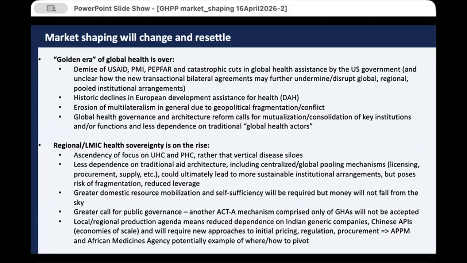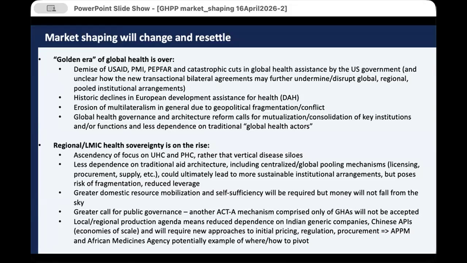We've got the ascension of regional and country level health sovereignty, and that is playing out in a number of different ways and in ways we don't know what will happen yet. There is obviously a call for fewer vertical disease silos and to focus more on the primary healthcare level and UHC overall. There's less dependence on the aid architecture.